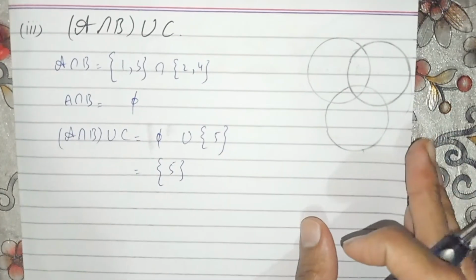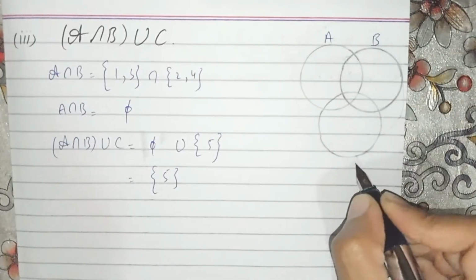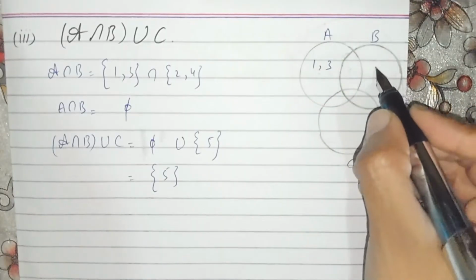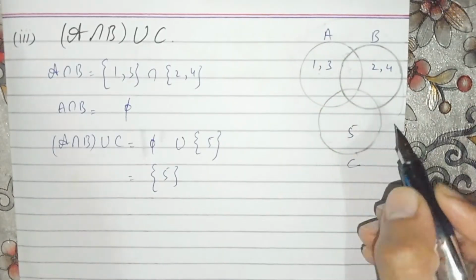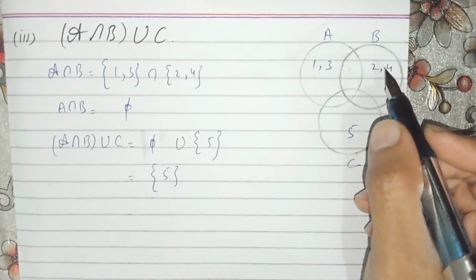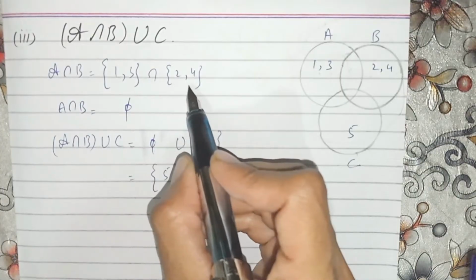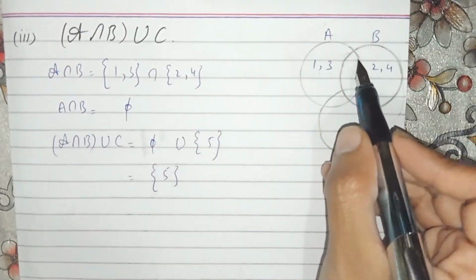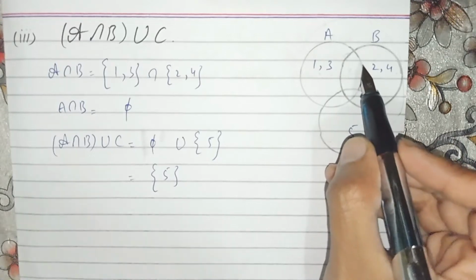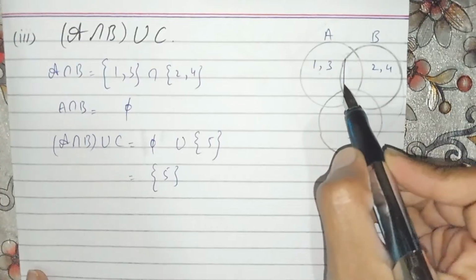And now we have to represent this on the Venn diagram. This is A, B, and C. A is 1 and 3, B is 2 and 4, and C is 5. And now we have to draw the lines, A intersection B. This is the A intersection B. Now we have to draw it with the vertical lines.